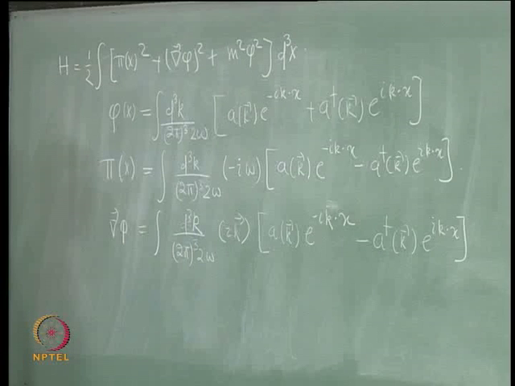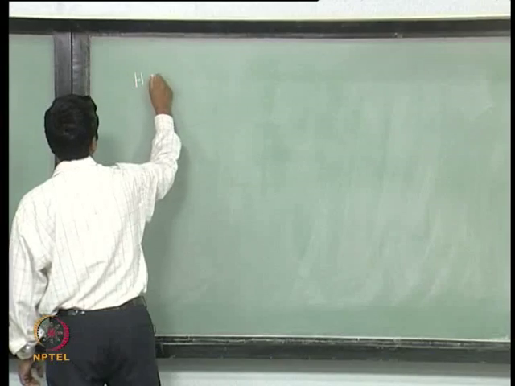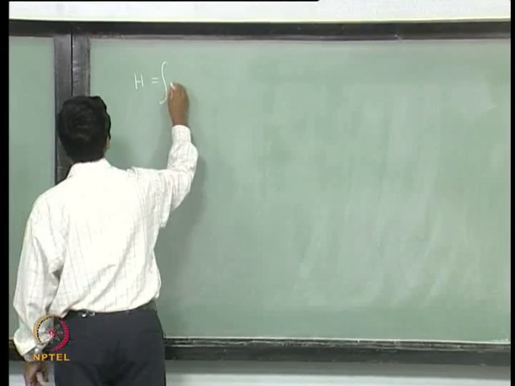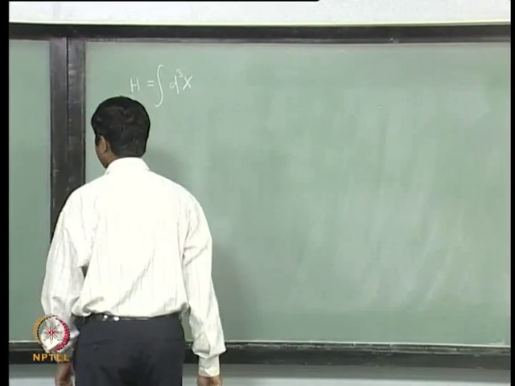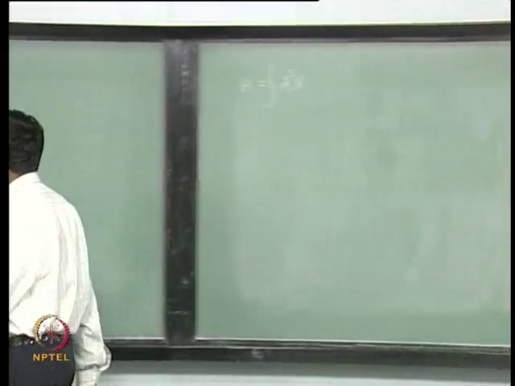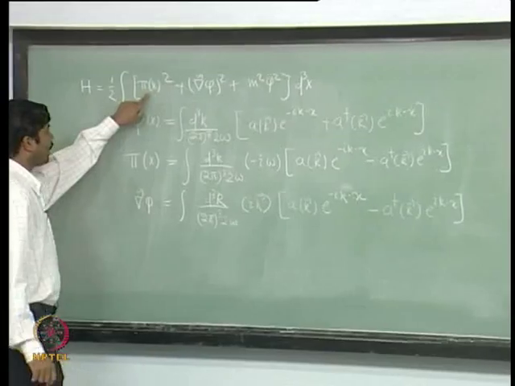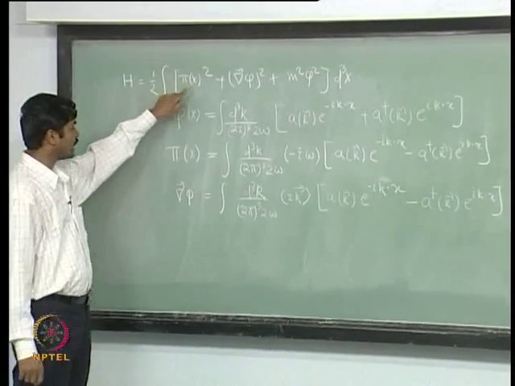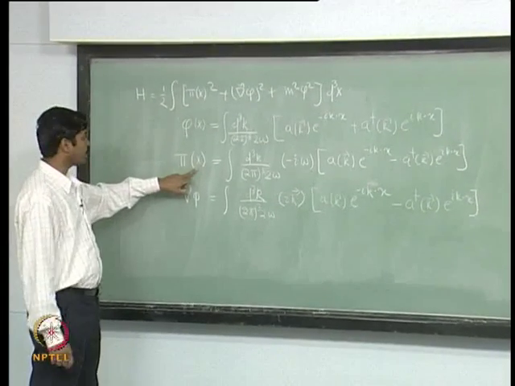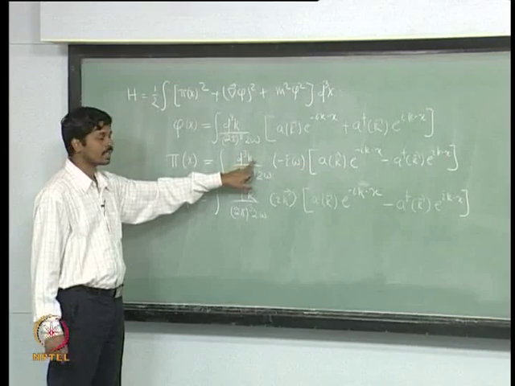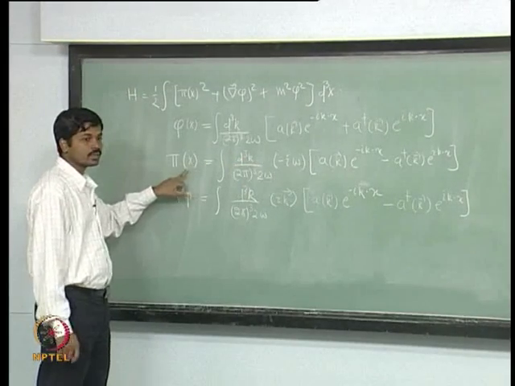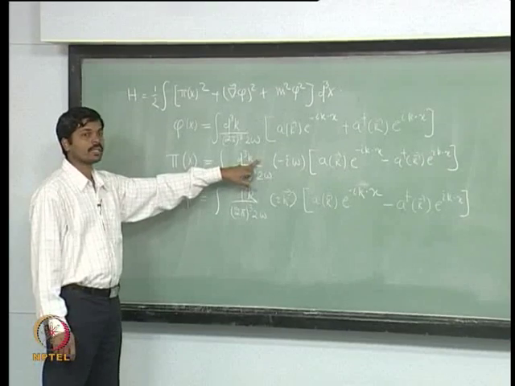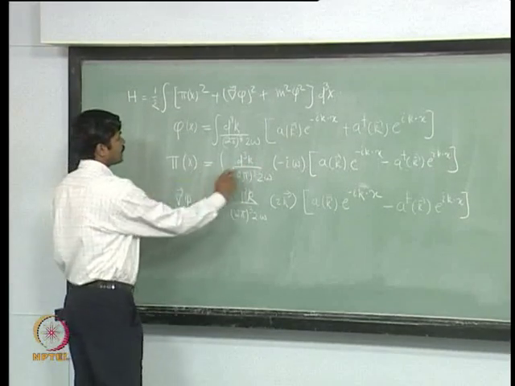So, the Hamiltonian now is H, which is integration d cube x, and you just see here you get pi of x square, right. So, there are two pi's, and for one pi I will use the integration variable as k, and for the other pi I will use the integration variable as k prime in order to keep them separate.